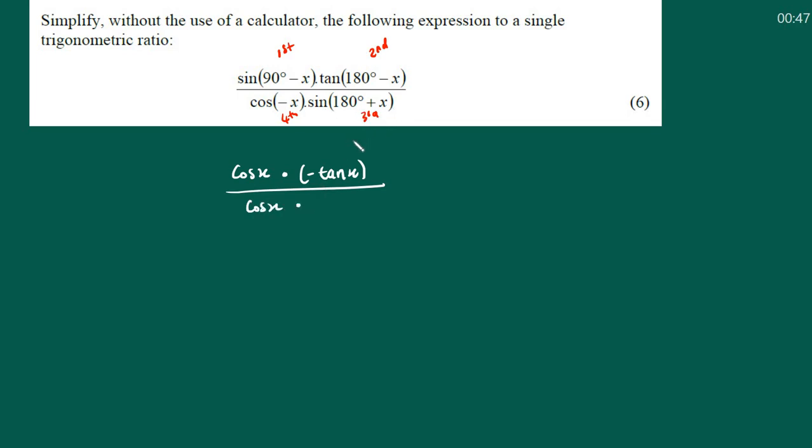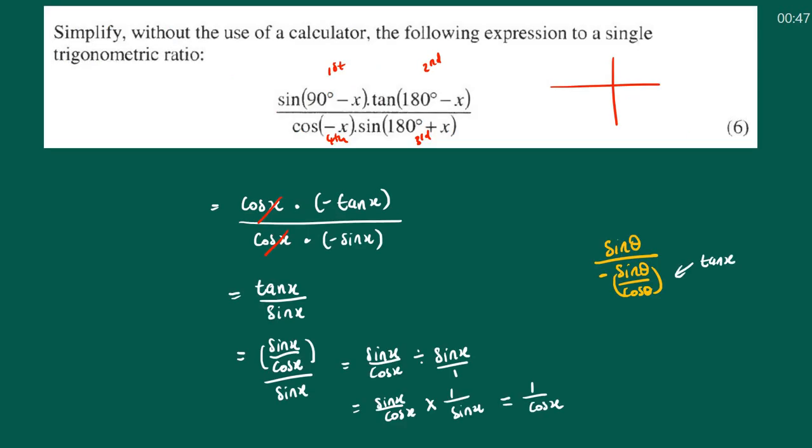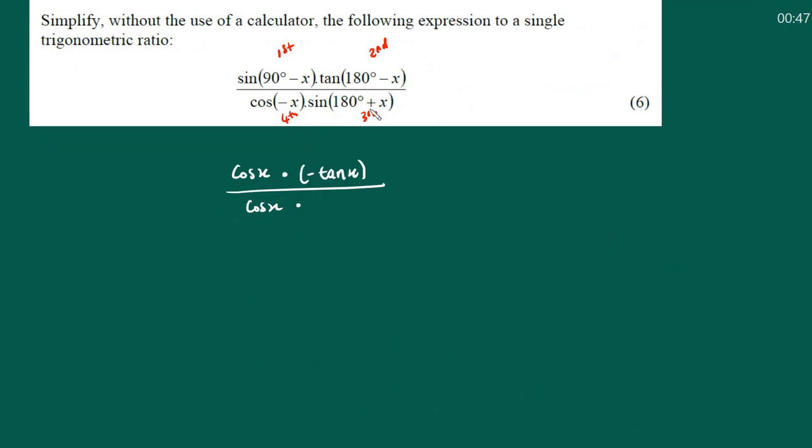And then this one, oh, it's the same thing. It's the same thing, guys. Since we already did it, this will be negative sine x, and then you know the story, it will be tan x over sine x, which we can write as tan x divided by sine x, of which this would be tan x multiplied by 1 over sine x.